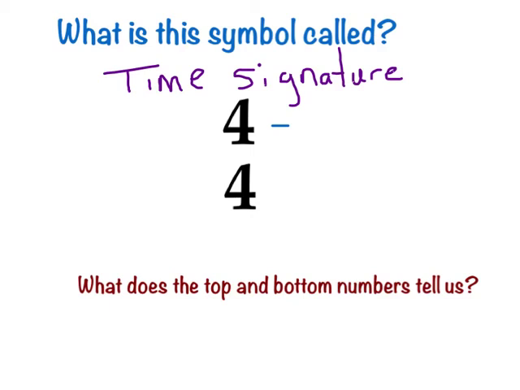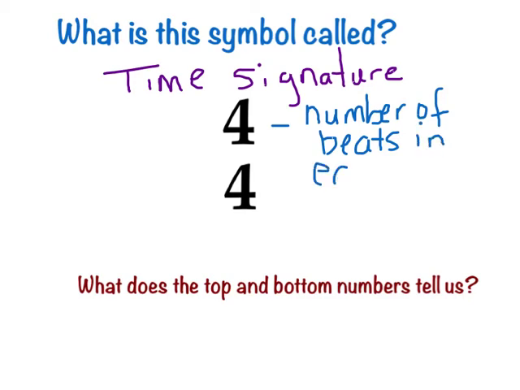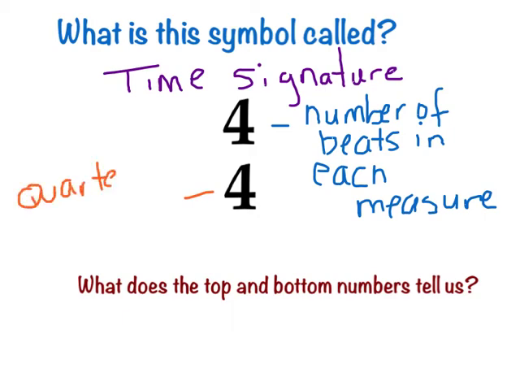The top number tells us the number of beats in each measure. The bottom number tells us that the quarter note receives 1 beat.